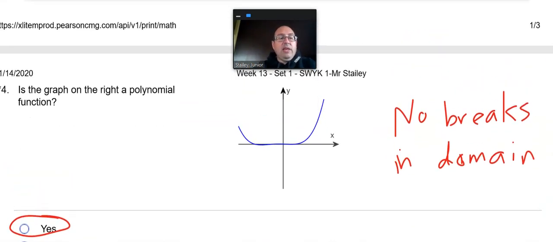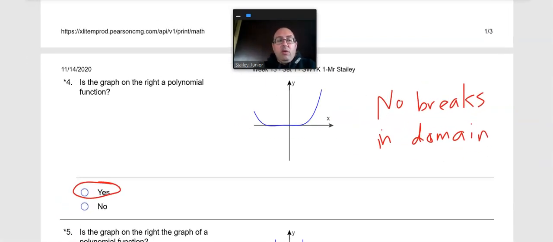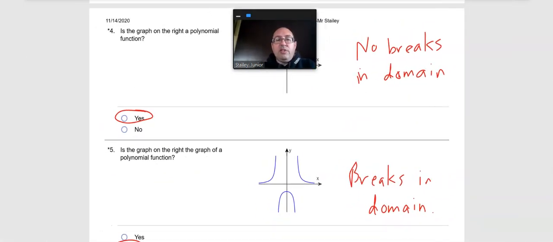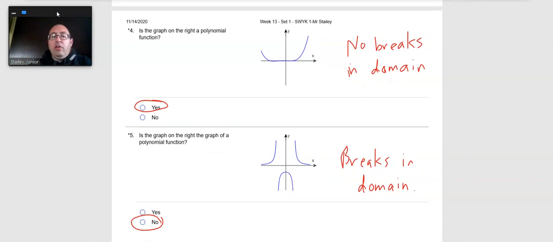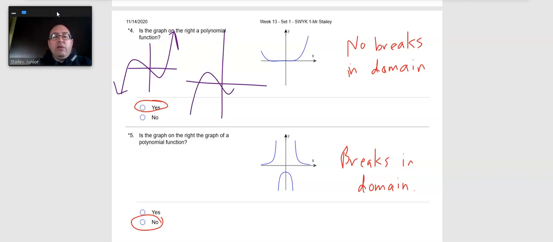How do I know if something is a polynomial or not? Okay, well, I want to kind of look maybe at both of these questions at the same time so you can see what I'm talking about. A polynomial does not have breaks in the domain. For instance, here's a third degree polynomial. We could have another fourth degree polynomial that looks like this, but there's never a break in the graph.